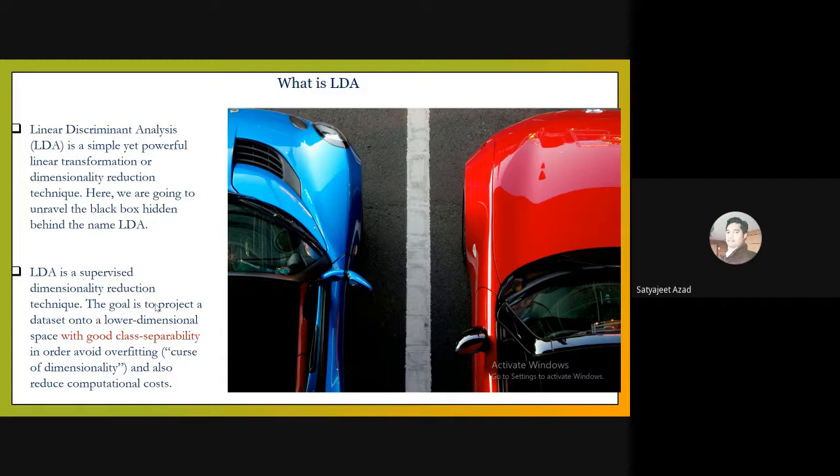There is also the black box concept, so let me define it. When we are dealing with a machine learning problem or algorithm, most of the time advanced machine learning algorithms are a black box. We have given input and output, but we don't know how they are predicting it, or what is going on inside the black box.